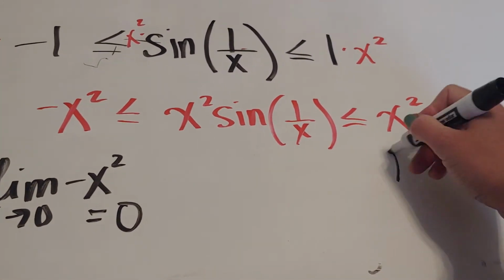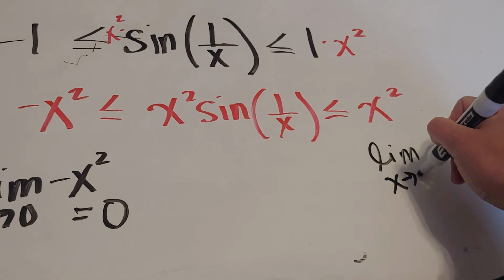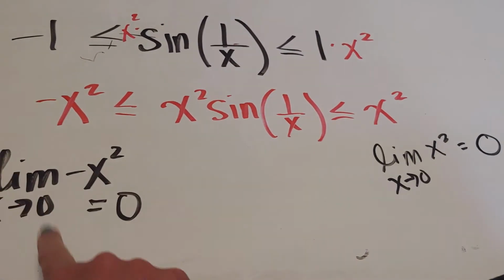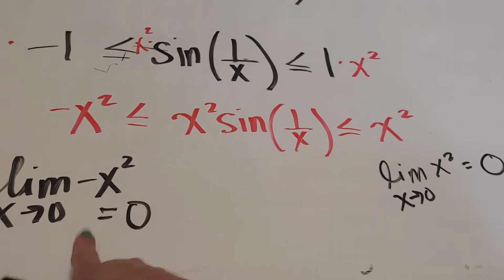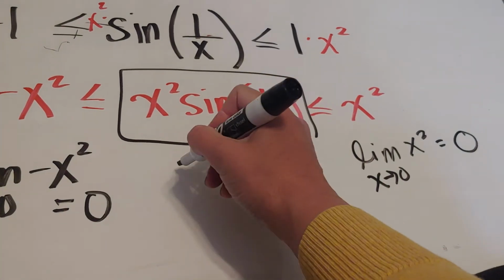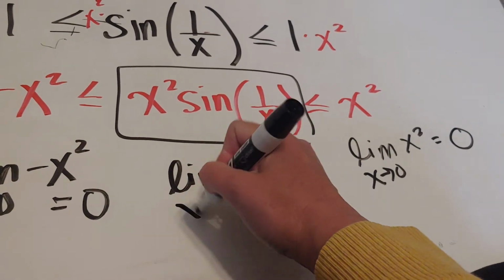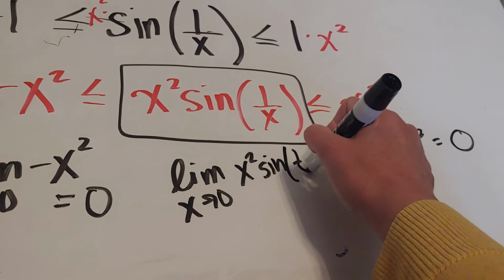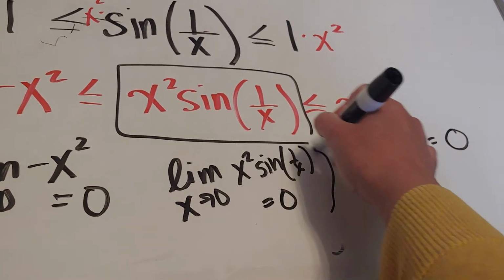What about this guy, the limit as x approaches 0 of x squared? That's 0 too. So my caboose is going to 0, my engine's going to 0. That means that the limit as x approaches 0 of x squared sine of 1 over x equals 0.